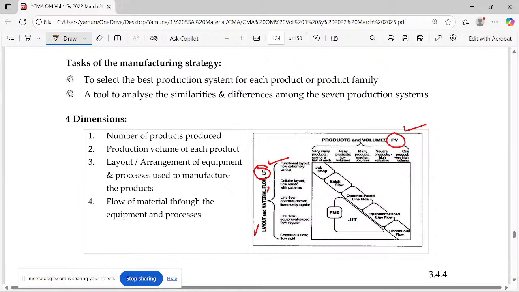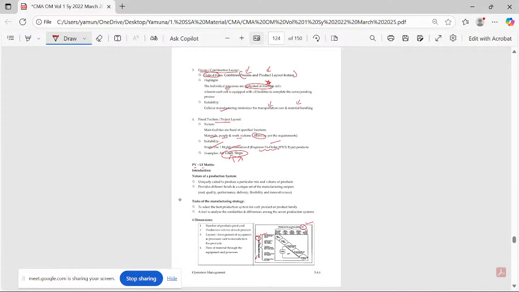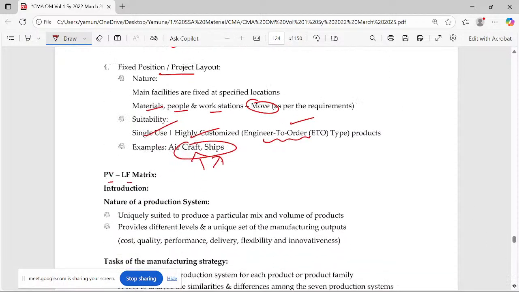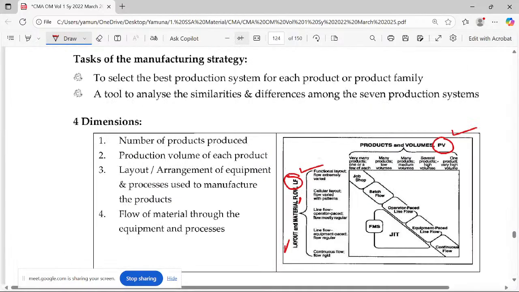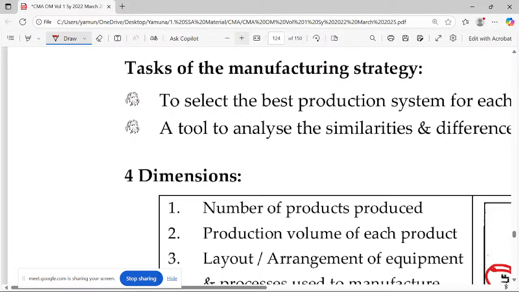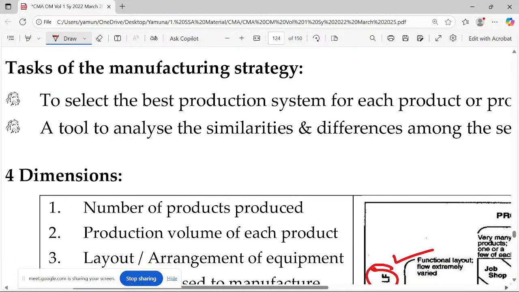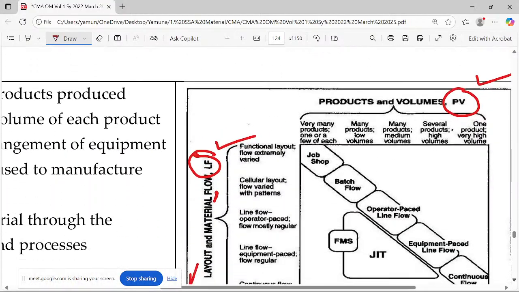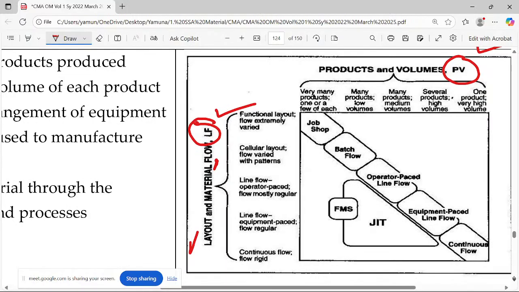F is flow, material flow. It is not so very clear, but somewhat okay, right?